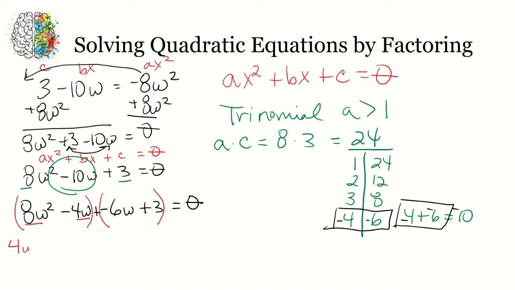So I'm going to pull out a 4w, and that's going to leave me with 2w minus 1. Now with my second group, I can see that both of them have a 3, so I'm going to pull out a 3, and that's going to leave me a negative 2w plus 1.